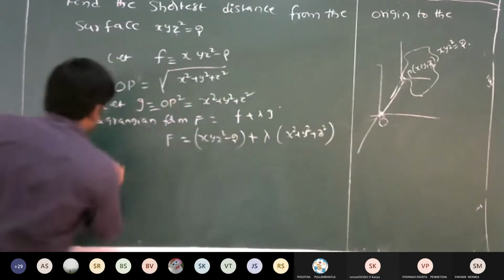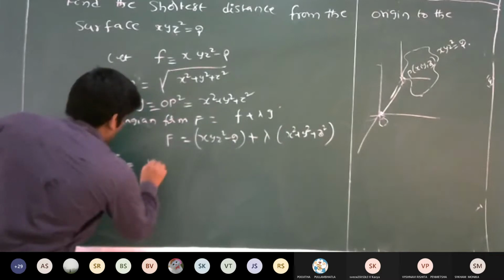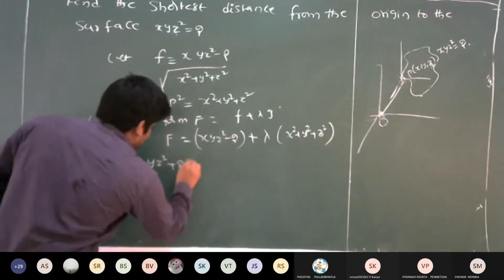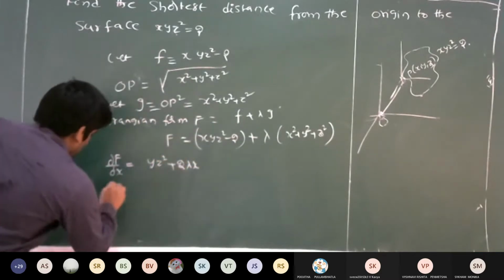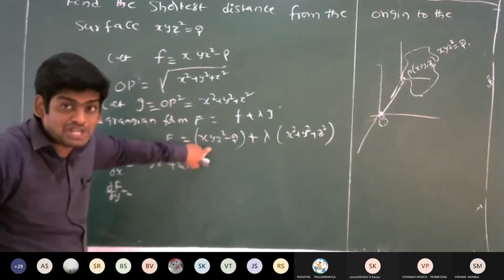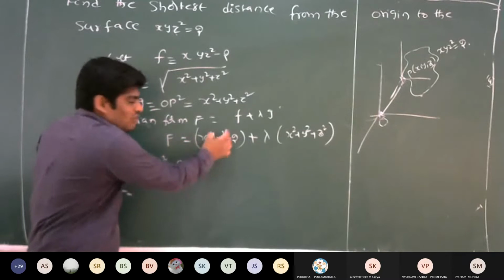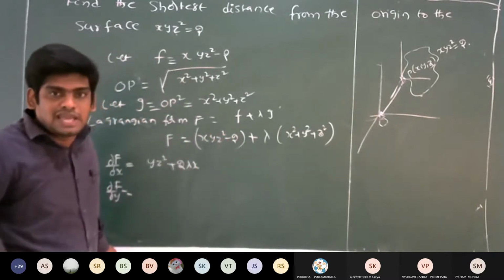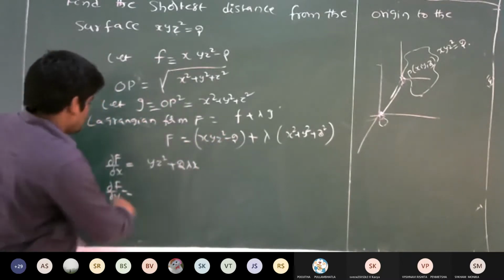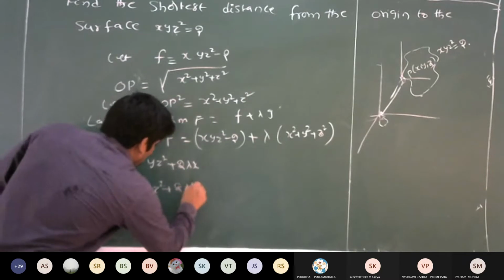Based on the working procedure, first calculate the value of dou F by dou x. This is yz square plus 2 lambda x. Next, dou F by dou y. You just differentiate partially. If you differentiate with respect to x, treat the variables other than x as constants. So dou F by dou y is xz square plus 2 lambda y.